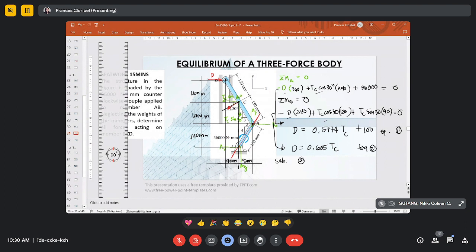Substitute 2 into 1: 0.605 TC is equal to 0.5774 TC plus 100. Your tension C is equal to 2320. It is a decimal, but if you store it so that it does not round off, 2320 newtons.